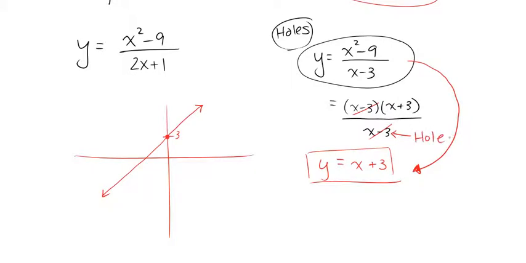These canceled out, so you're going to get a hole at x equals 3. Where x equals 3, there would actually be a hole, and then it would continue on. And if you test that theory out on Desmos, you sometimes have to zoom in on the graph in order to see the hole.